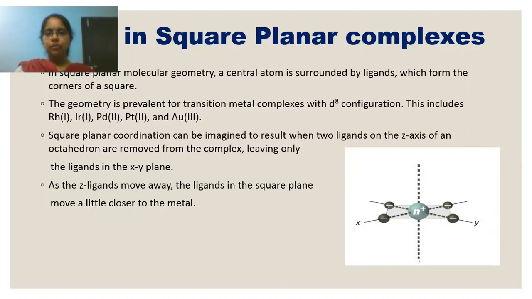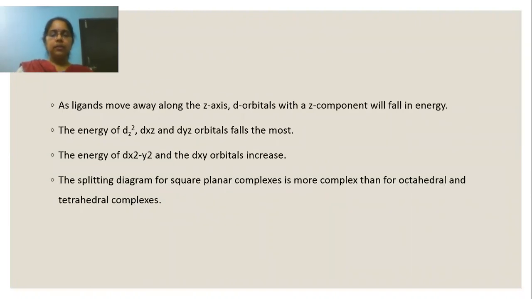are not in the path of the ligands, so they are not affected by the ligand field, and they undergo less repulsion. So the energy of the orbitals that contain the Z plane will decrease, whereas the energy of the d orbitals that contain the XY plane will increase.